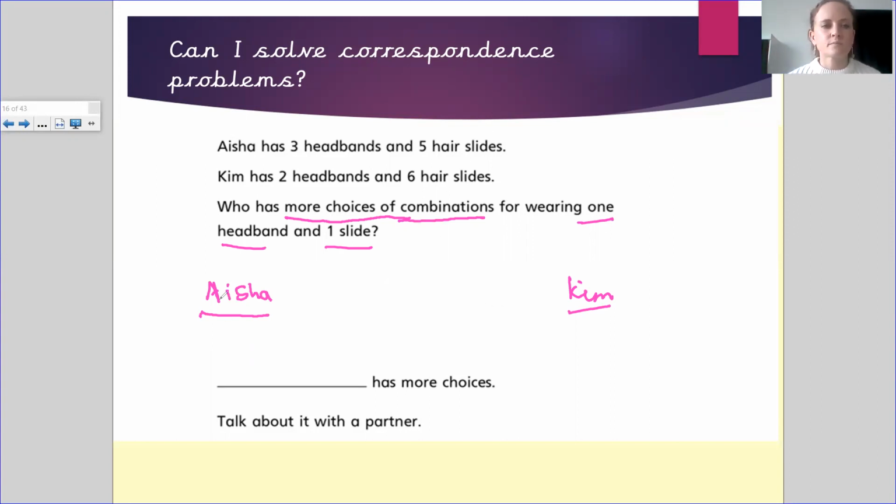Well done. So I know that Aisha has 3 headbands and 5 hair slides. So much like the question before, I would take 3 times by 5, and that will equal 15. So she will have 15 choices of combinations.